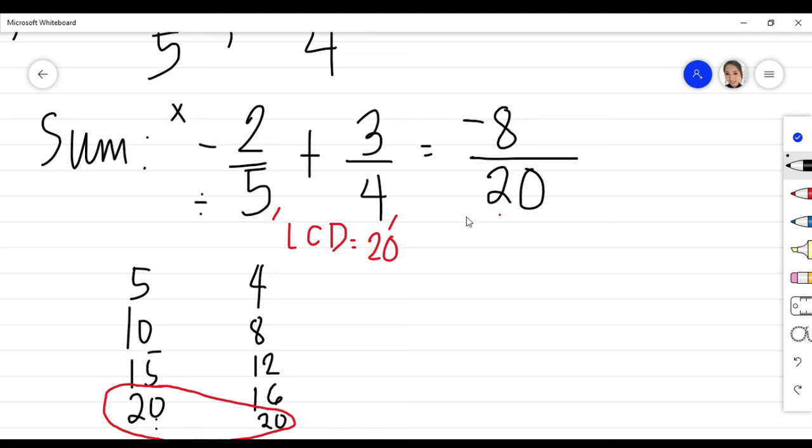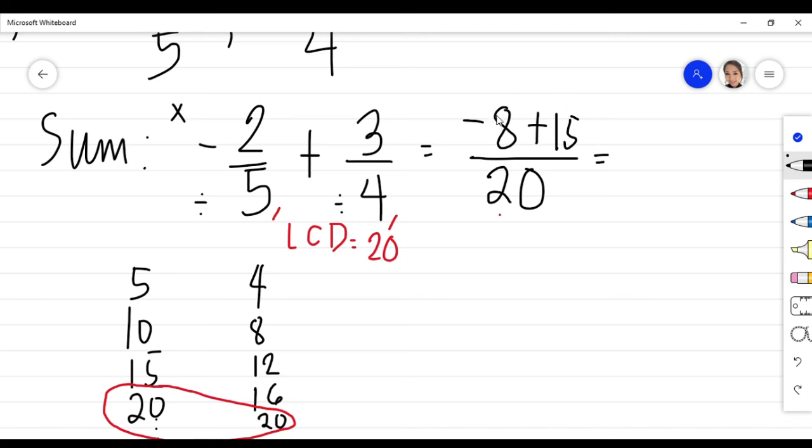Now let's go to 4. 20 divided by 4 is 5. Going up, 5 times 3 is 15, so positive 15. We will add negative 8 and 15.